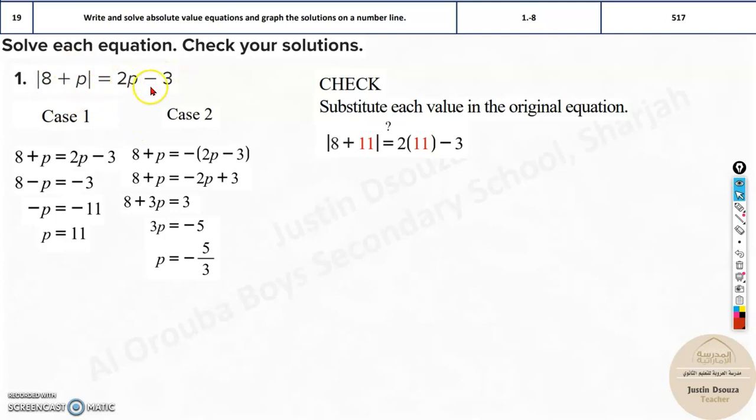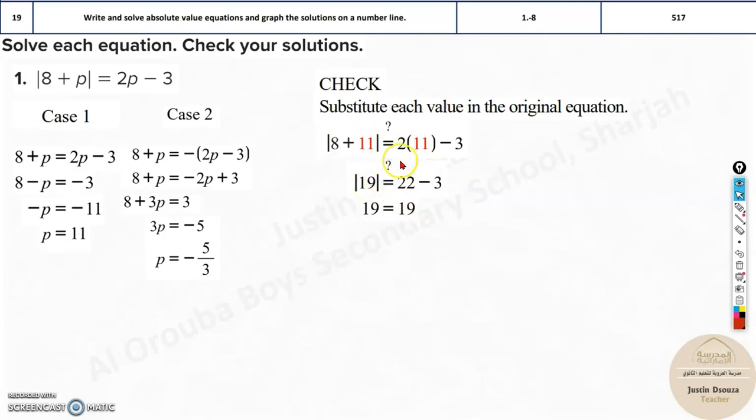And then you need to put it on the right side as well. The same thing. Now, which you considered over here, 11 was considered, so we put the p value over here and we solve it. Now 2 times 11 minus 3, both the sides we are getting the correct answer. That is 8 plus 11 is 9.